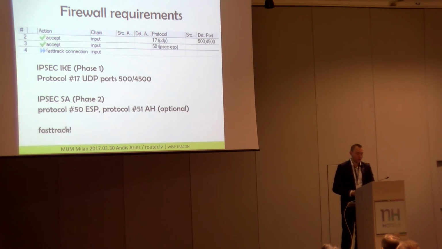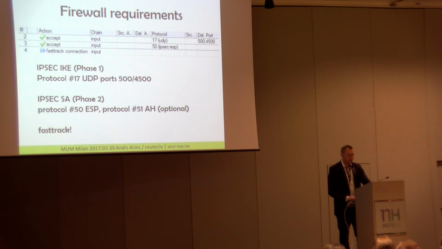And for phase 2, this is protocol 50 with some optional extensions when you don't encrypt data but just do headers. It's protocol 51. Be careful of fast track here. If the fast track matches, and usually what you do with it is established and related connections, then it will spoil your IPSec. So the key is to put those accept rules in the firewall which match IPSec traffic before the fast track. So that's mandatory here, not to get into trouble.